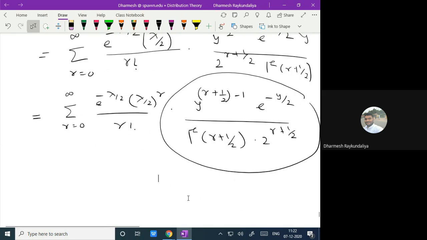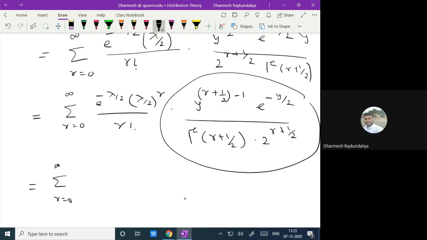Or you can also simplify further: r equal to 0 to infinity. What is the distribution of Poisson? It is e raised to minus lambda, lambda raised to x upon x factorial. So here instead of lambda we have lambda by 2, and in place of x we have r factorial.